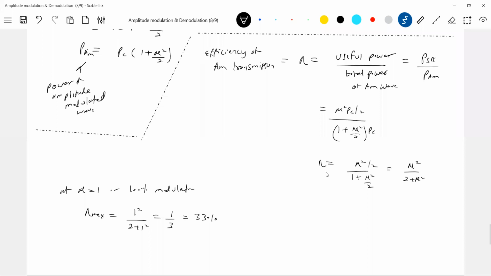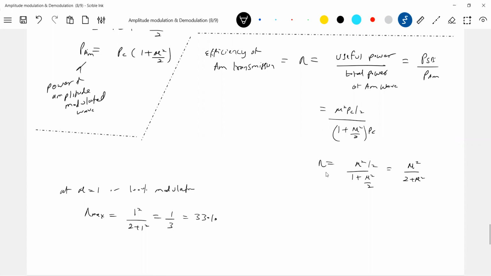It's not efficient, no? Means if you are spending 100 joules to transmit this AM signal, only 33% is useful power at the receiving end. The remaining is lost. Lost means it is of no use. So this is the maximum possible efficiency.